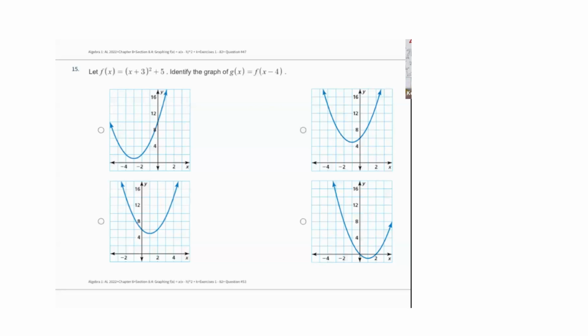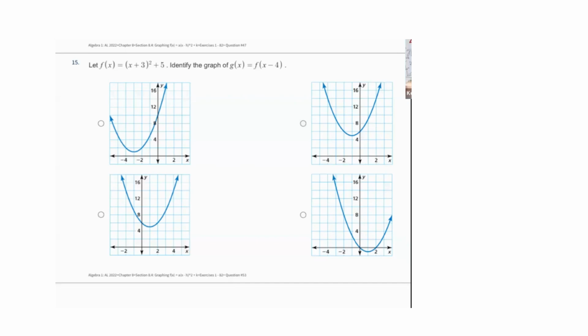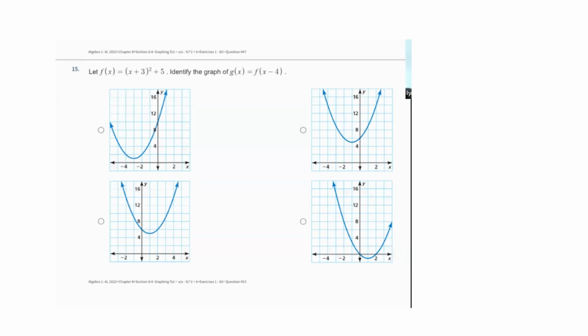Each time, you want to ask: is this a change that happens inside the parentheses with x, or not? Really you're just asking, is this affecting h, or is it affecting k? Which one is inside parentheses with x, h or k? H. So that one's affecting h.